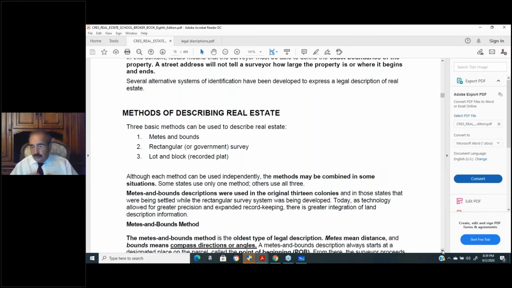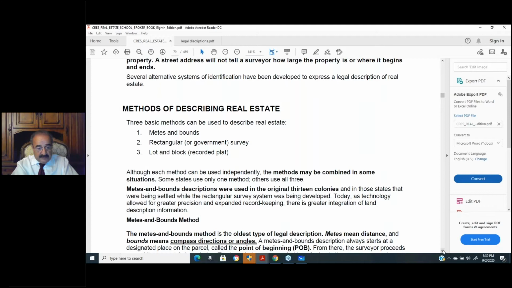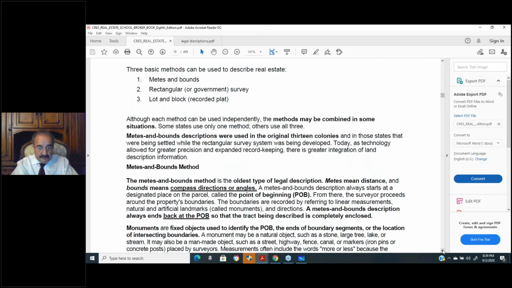Metes and bounds were used when the colonies were first created here, and it describes a property by its perimeter, as if you're going to put a fence around the property. Metes and bounds is one of the oldest types of legal description there is. A meet happens to be a distance from one point to another. Then we have bounds, which are referenced by monuments.